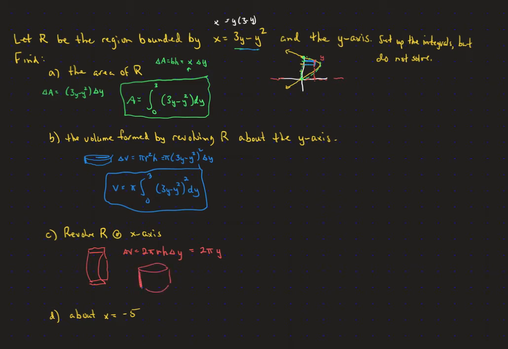So the height of our shell is this distance here, which is right curve minus left, which is our 3y minus y squared, and then our thickness is going to be a delta y. So our volume is going to be, we'll pull out the 2 pi, still going from the y limit 0 to 3, and we can either distribute that or not. Either way is equally acceptable. And that is going to give us the volume when we revolve around the x-axis.